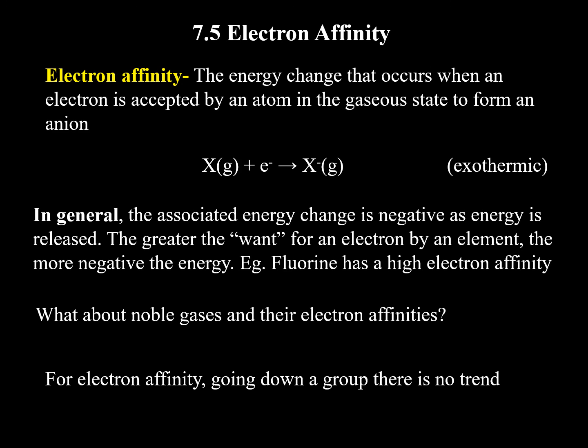So they'll have a low electron affinity as you go from left to right. So again, sodium has a low electron affinity. Going to the right, chlorine has a high electron affinity. It wants the electrons, but immediately drops to argon, which is the noble gas, it doesn't want any electrons at all. And there's no trend going down a group.